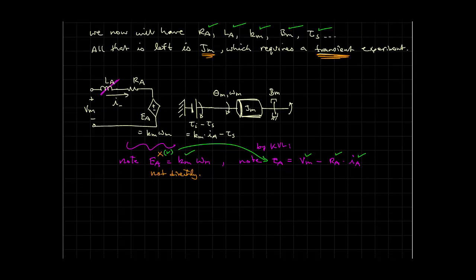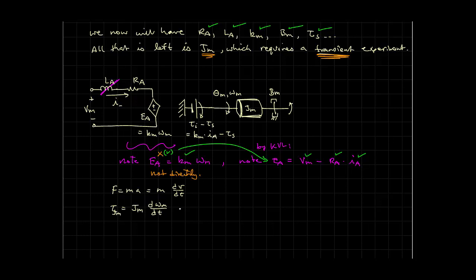Now, another important hint to finding Jm is we note that, from Newton's second law, just like we have F equals m a, or m dv/dt, we have torque equals Jm times alpha, or Jm times d omega m dt.